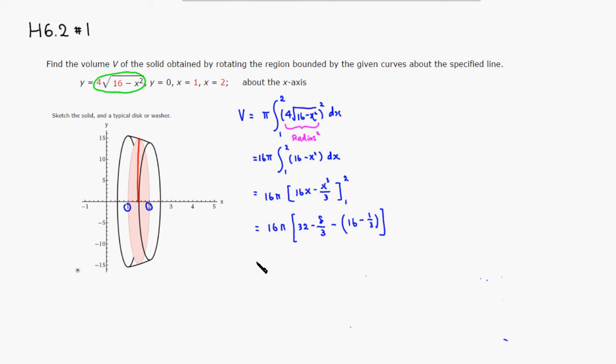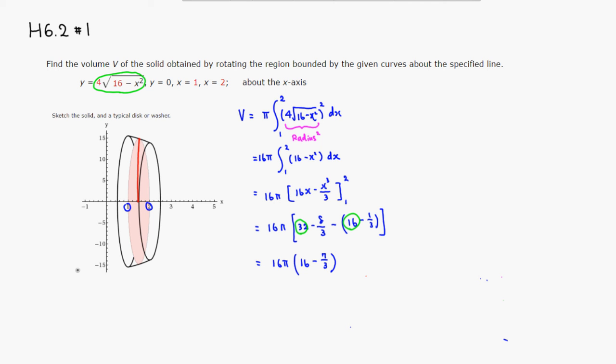So this is going to be 16 pi. I'm going to combine 32 and minus 16, so that's 16 here. And minus 8 thirds, and we're going to add 1 third, so it's going to be minus 7 thirds.